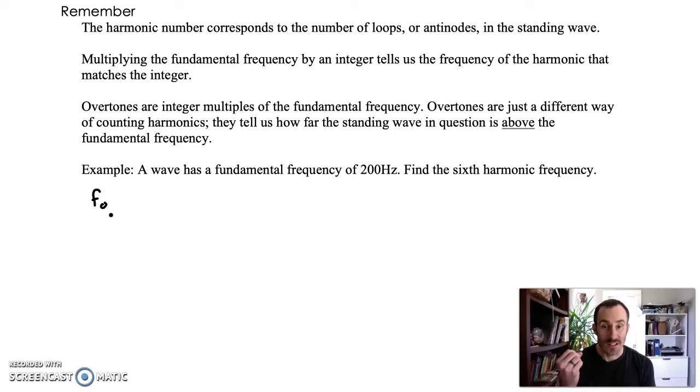F1 would be the second, F2, F3, F4, F5 would be the sixth harmonic frequency. Okay, so F5 would be the sixth harmonic frequency, and so we're supposed to figure out what's the frequency of that wave. Okay, so this is 200 Hertz.